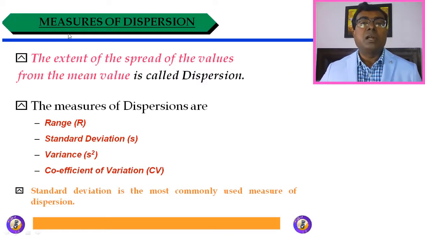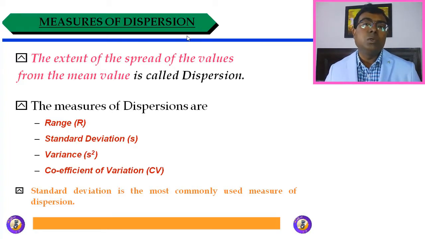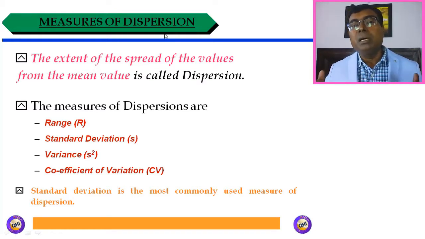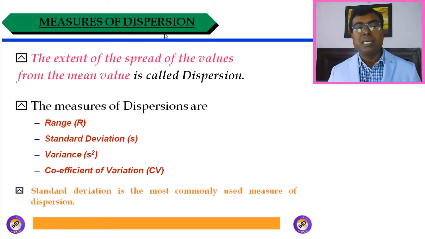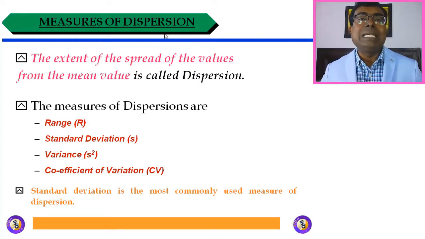Now let's come to measure of dispersion. We have understood the measure of central tendency. That is basically a way of identifying or locating the center value of the given data points. Now here we want to understand the measure of dispersion. Broadly speaking, this is basically identifying the spread of the data points. That means we want to understand how much my data points are spread from each other.